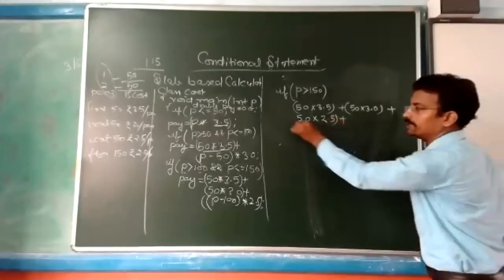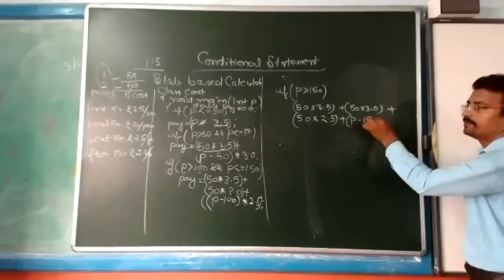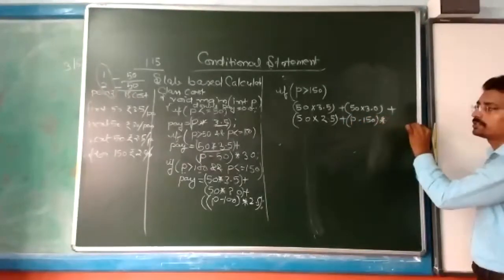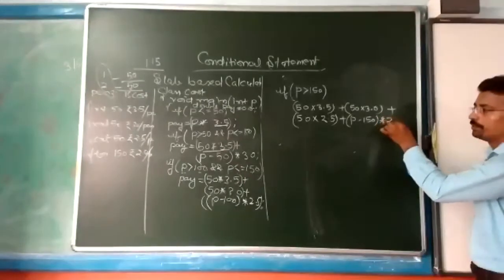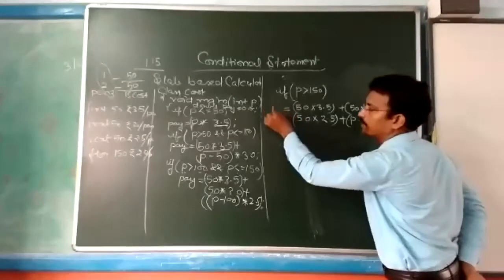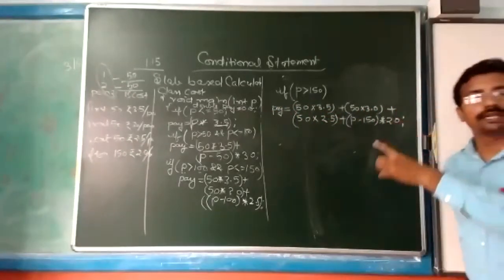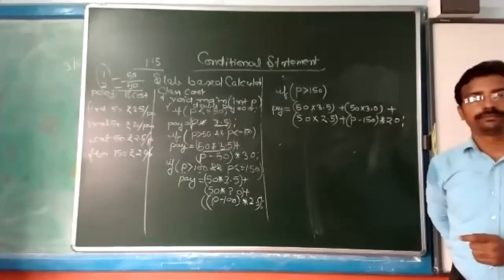And finally, what is left? That will be P minus 150, multiplied with 2 rupees. And after this calculation, you will receive this value in P. Your calculation happened. Got it?